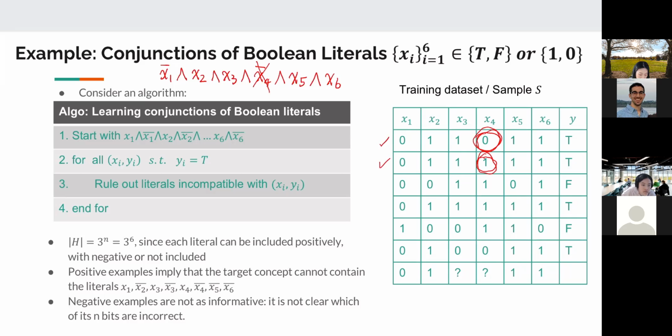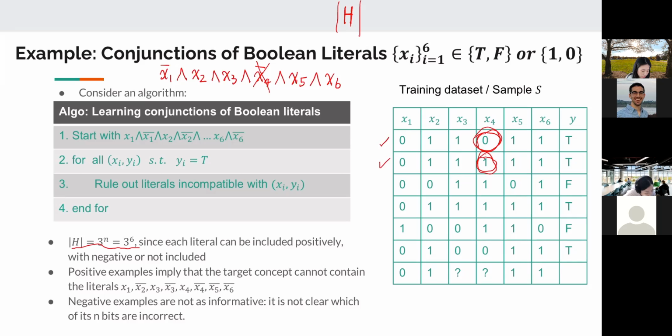Now one question I wanted to ask is, what is the hypothesis? First of all, you have this hypothesis set. How large is the hypothesis set? Now that we understand what the algorithm does, how large is H? What's the cardinality of H? I write it here: 3 to the power n, which is 3 to the power 6. Why?